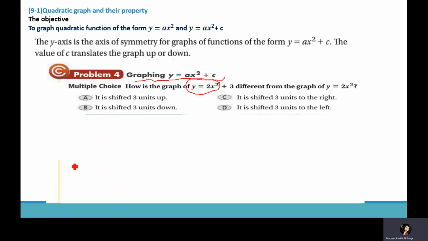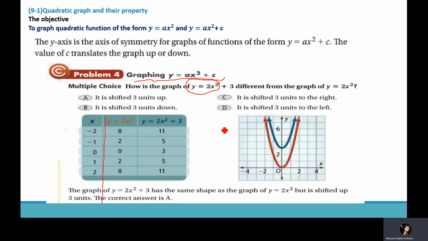If we have the graph for the basic function, which is y equals ax squared, drawn in red, what is the change that will be for this one, +3? It will be a vertical change.